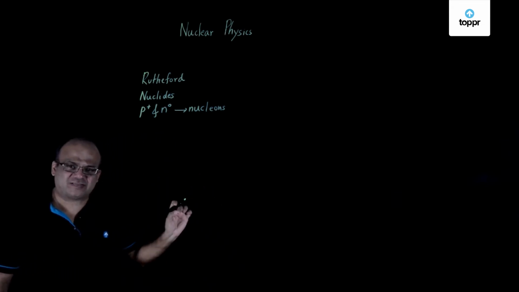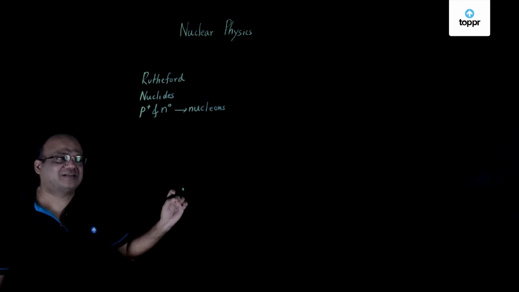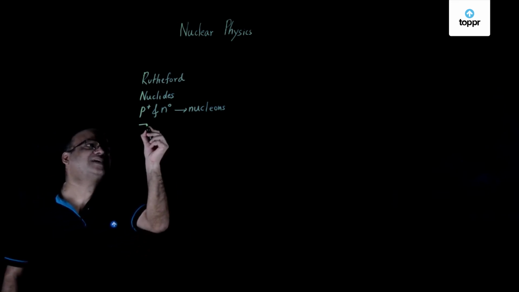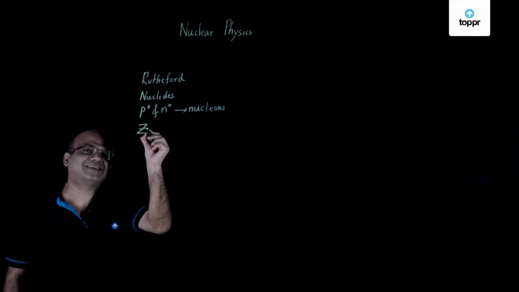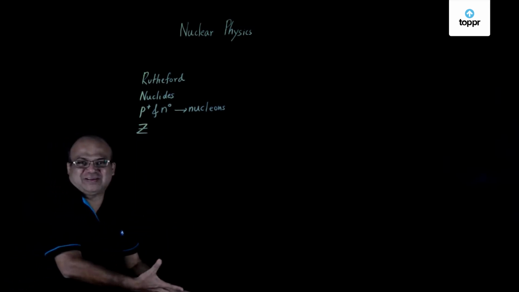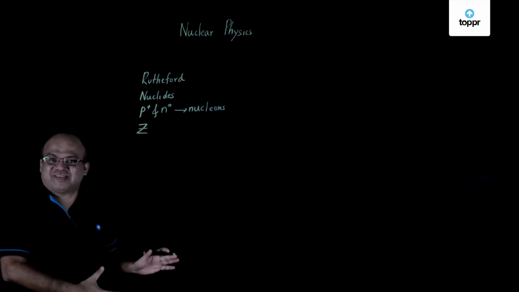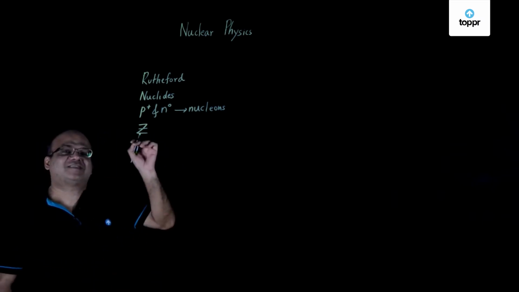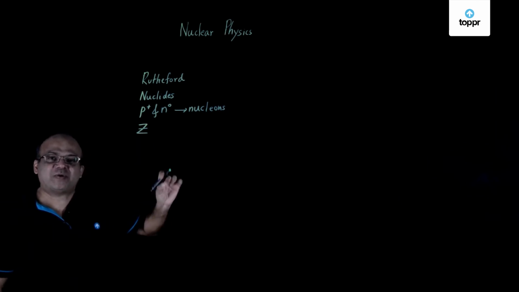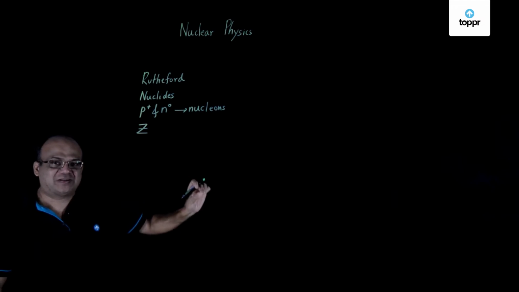Every nucleus will have an atomic number. Atomic number is written as Z. What is the other name for atomic number? Proton number, right? Protons stay in the nucleus. The number of protons is the atomic number. So Z is the symbol for atomic number or proton number.